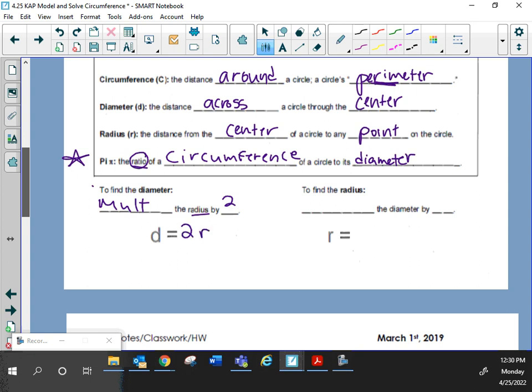Other way around, if I'm given the diameter and I need to find the radius, divide by 2. Take the diameter over 2. You could also multiply by 1 half.